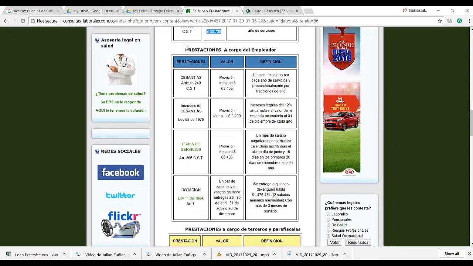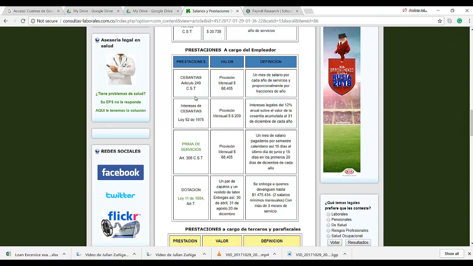Okay, now we have something called prestaciones a cargo del empleador. If you're an employer, this is where you have to pay. There are cesantías, which means that when the person is without a job, or in Spanish is cesante, you need to pay this, okay, twice a year, okay? And it's a salary for every year of service.